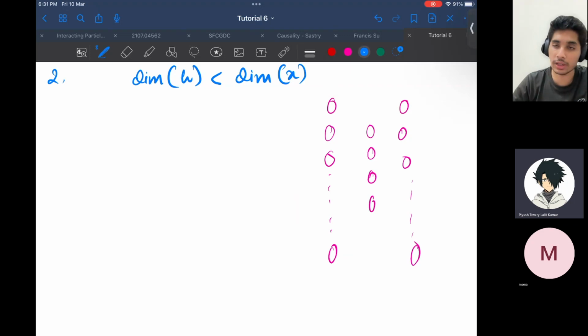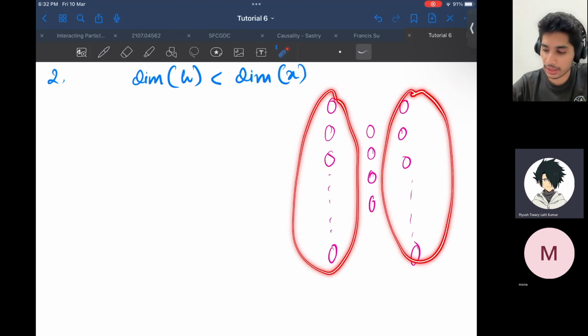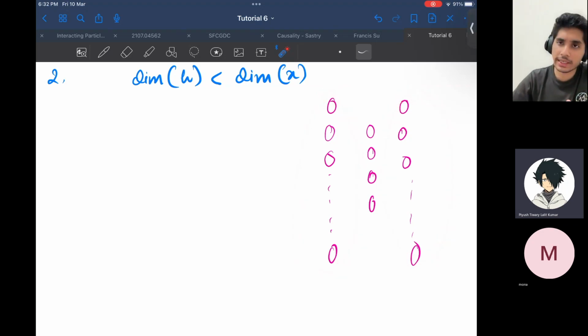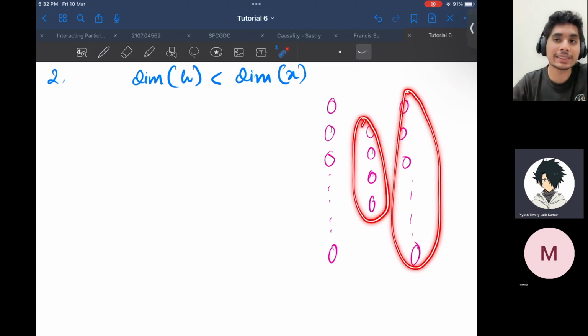Something like this is called an undercomplete autoencoder. Why is the name so? End of the day, it is just a neural network. It can be trained using some loss function and things like that. But we are solving a problem of reconstruction, so this thing and this thing have to be of the same size. But we are bottlenecking it. We are asking it to reconstruct the original data with something which is less than the dimension of the original data, right?